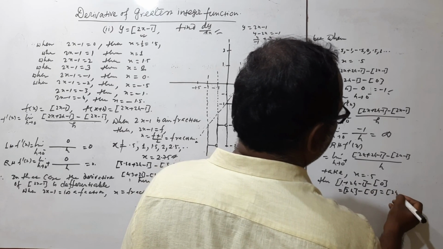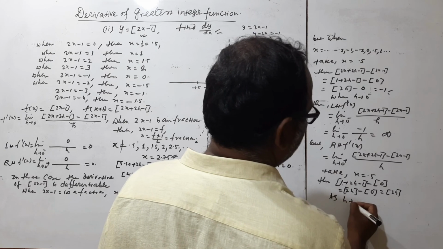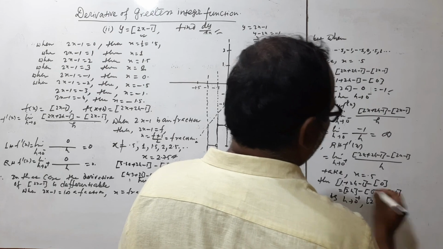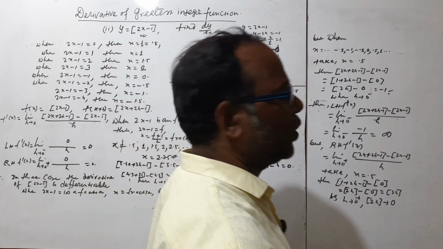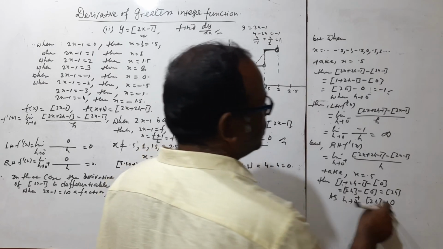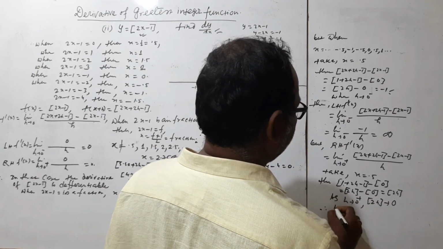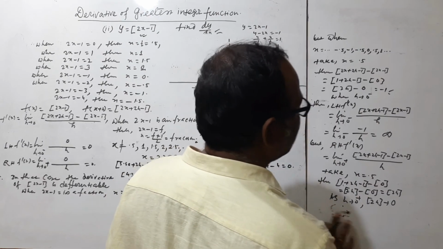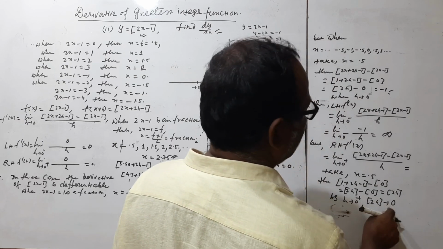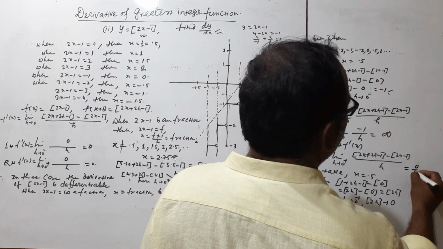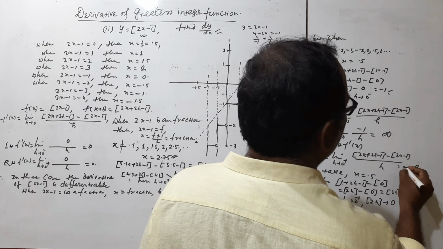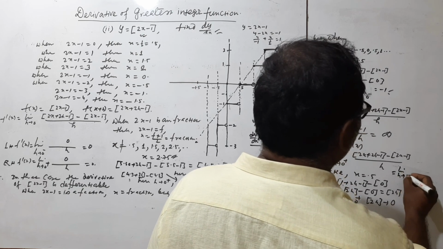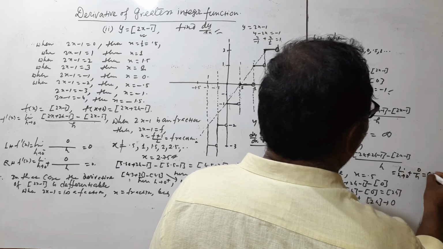As h tends to 0 plus, twice h is a positive point something, so it goes to 0. Therefore the right hand limit is 0 by h, so limit h tends to 0 plus 0 over h is equal to 0.